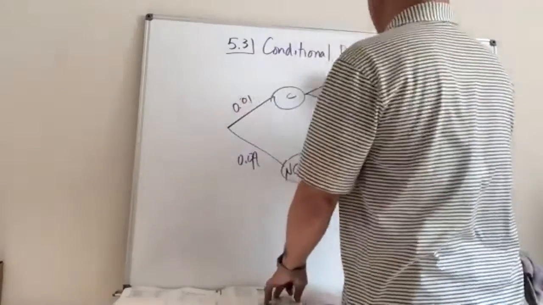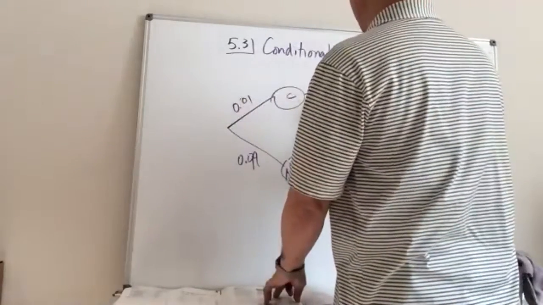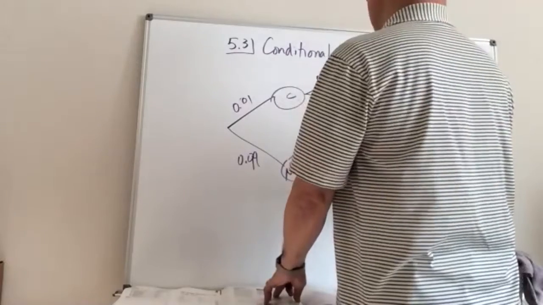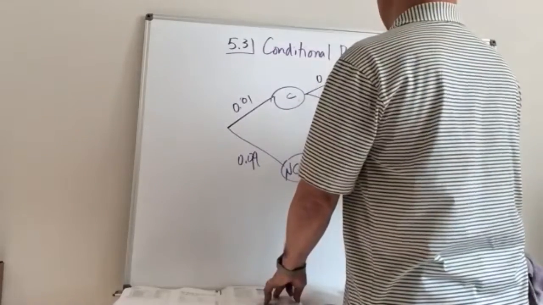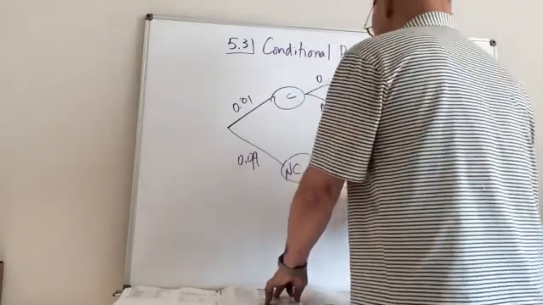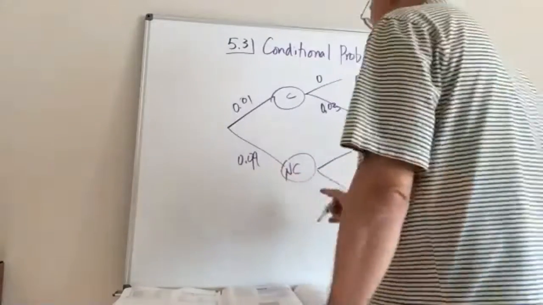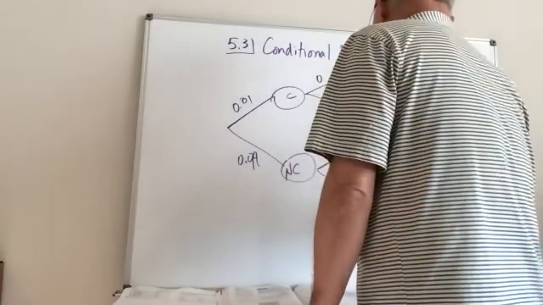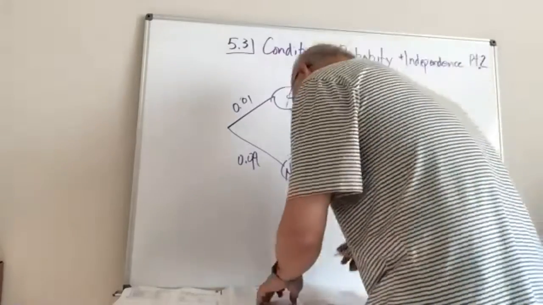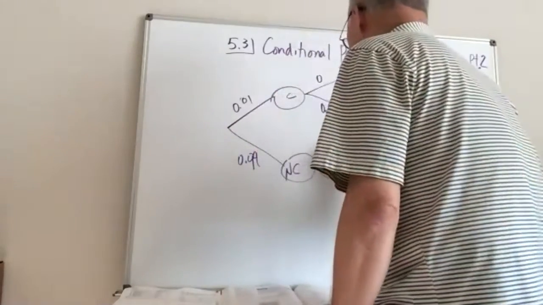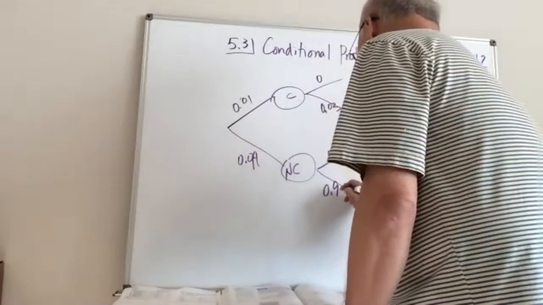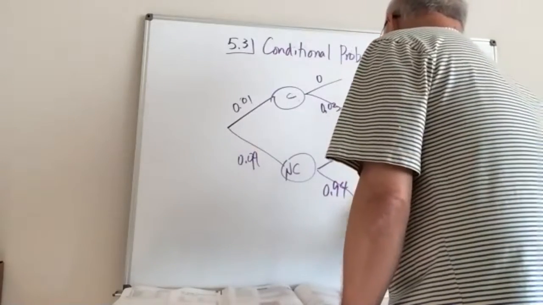So this is going to be 0.03 at the time, I'm going to get a negative. I'm going to get a positive here. Over here, I do not have it, so positive would be a bad thing. 0.06, 0.94, so this is negative.